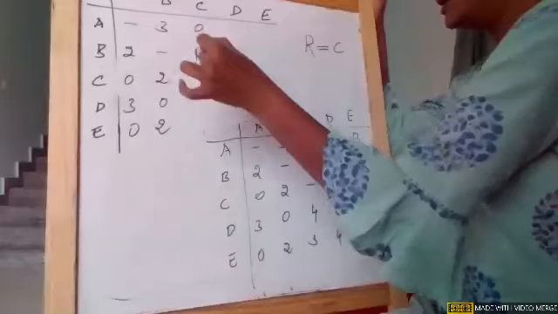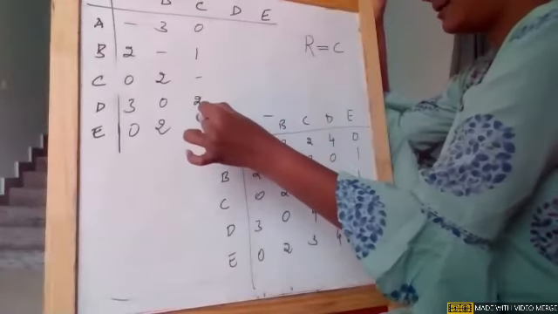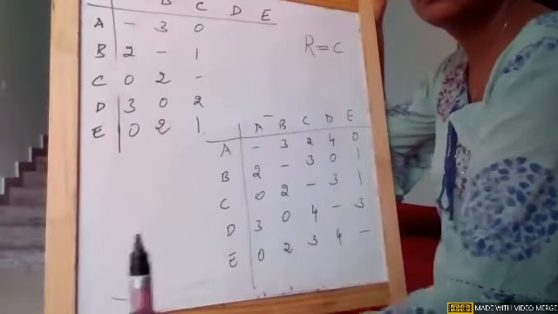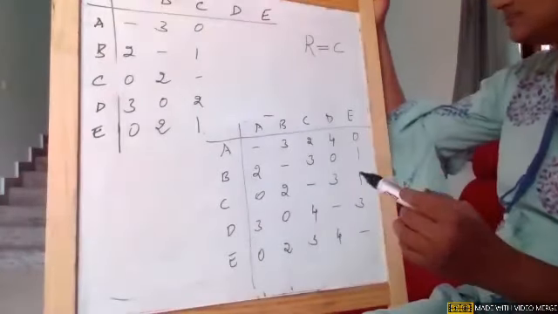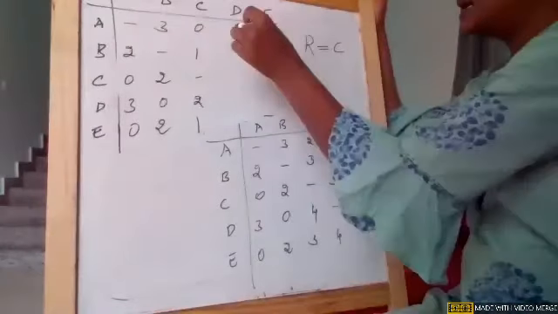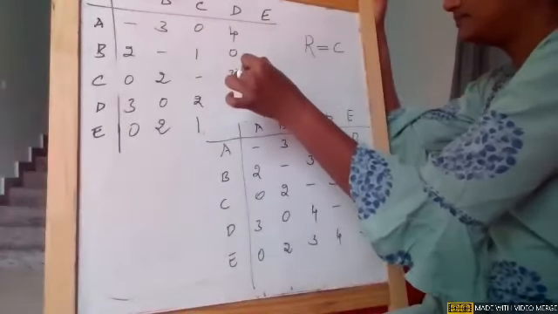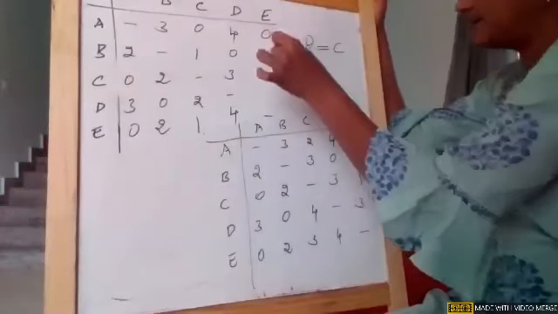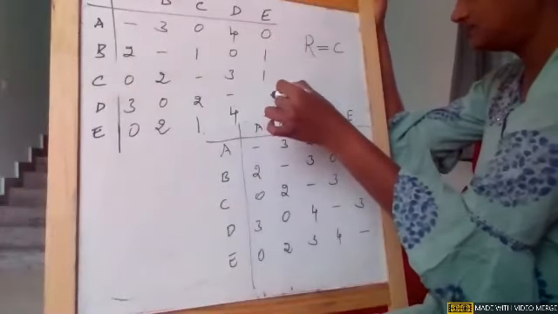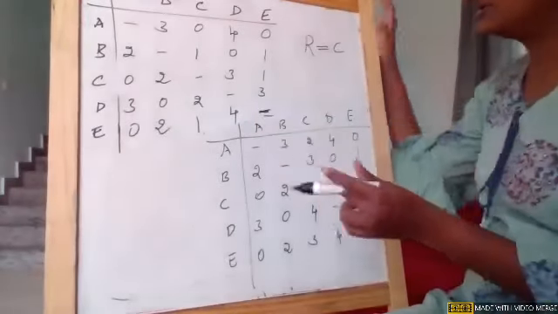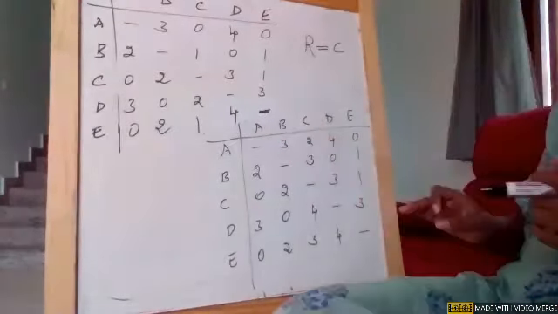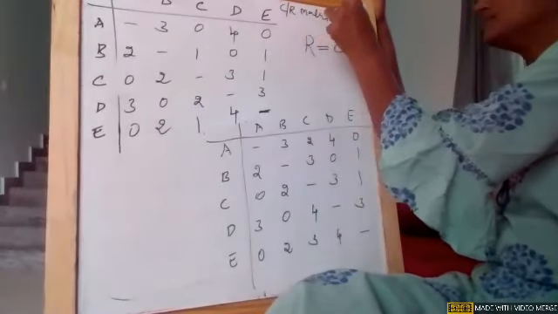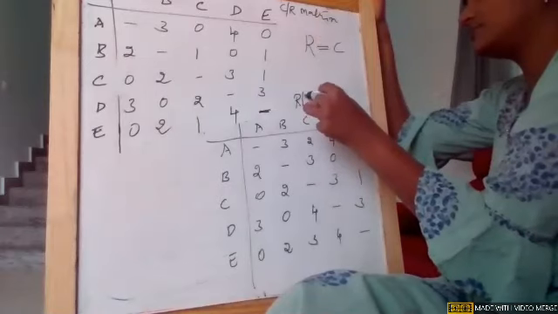So 0, 1, 2, and 1. Fourth column, 0 is there, so it remains unchanged. Fifth column, 0 is there, it remains unchanged. So this is the column reduced matrix, and this is the row reduced matrix.